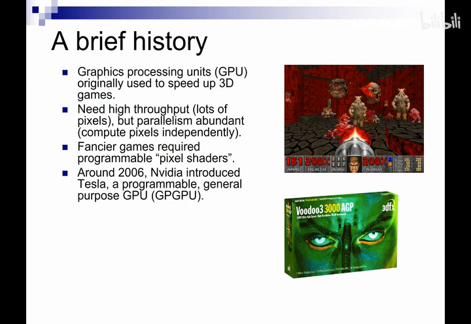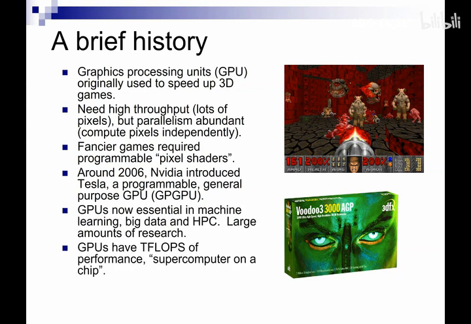And after 2006, NVIDIA decided that so many people were using GPUs for general purpose computations that they might as well make it so that GPUs can be programmed in a much simpler way to do these general purpose computations. Okay, and in fact, not only did they introduce this Tesla card, which was easy to use for other purposes, they also introduced the CUDA language, right?